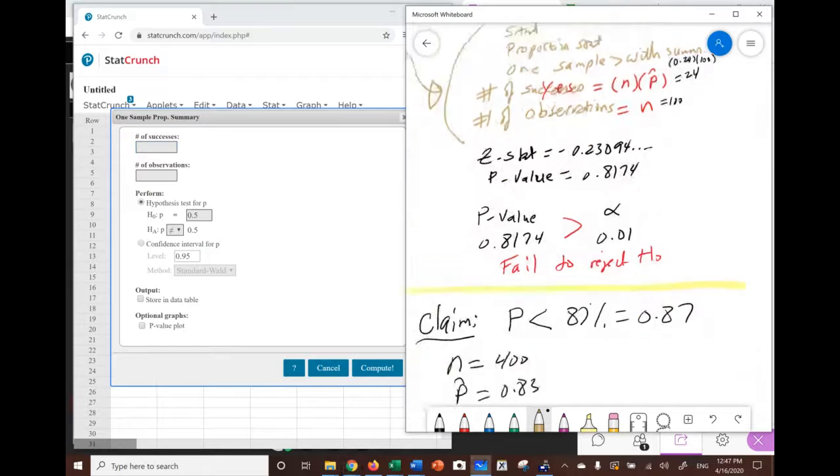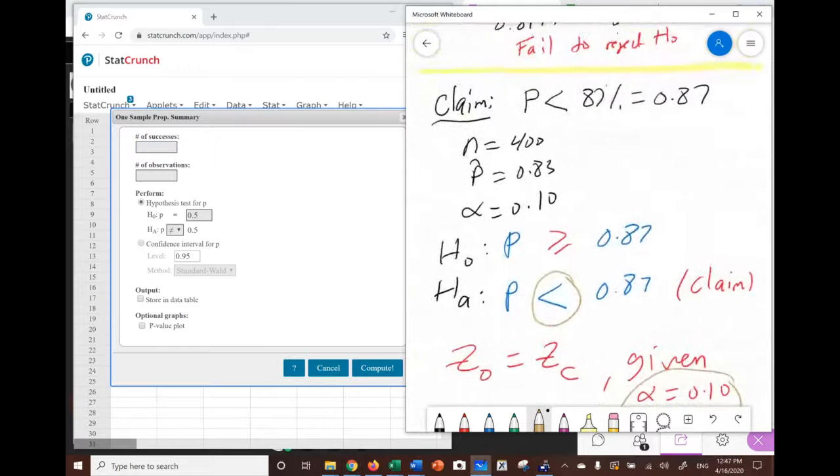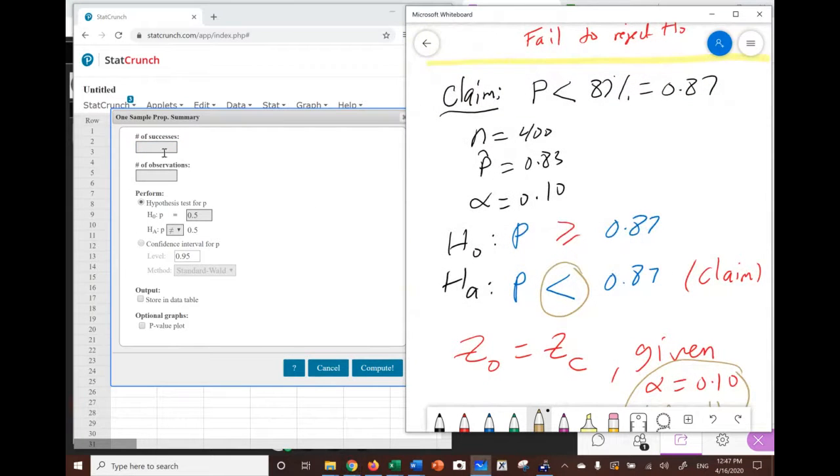And let me go back to my problem here. Here's my problem. I need the number of successes. So what is the number of successes? The number of successes is equal to n times p hat. So we know that n is equal to 400, and we know that p hat is 0.83.